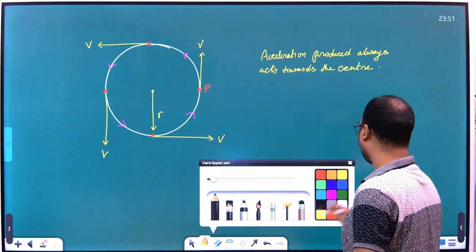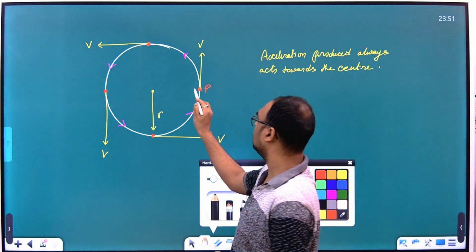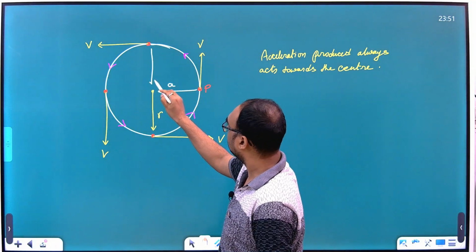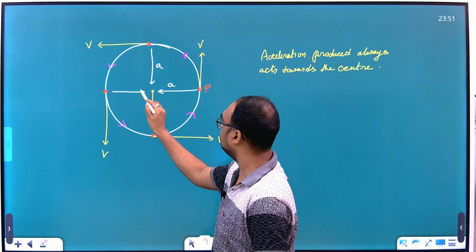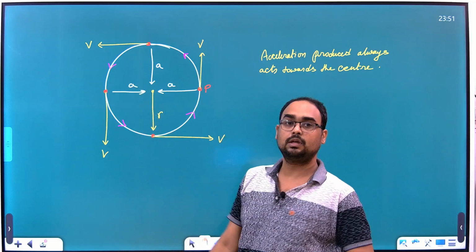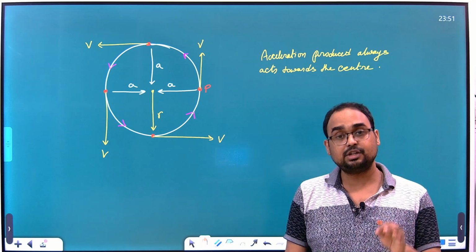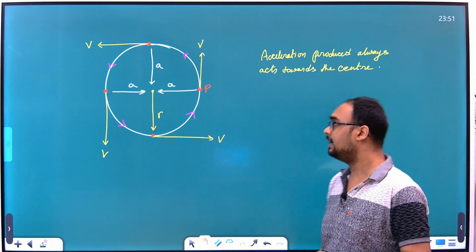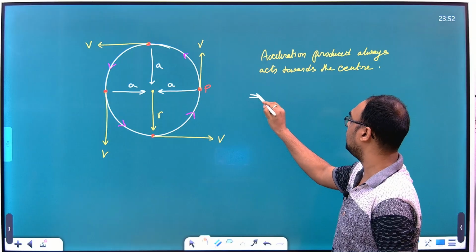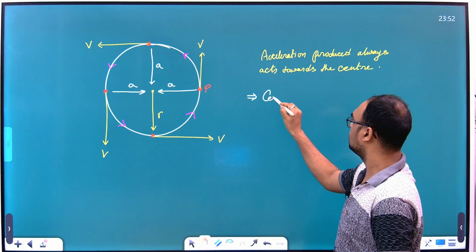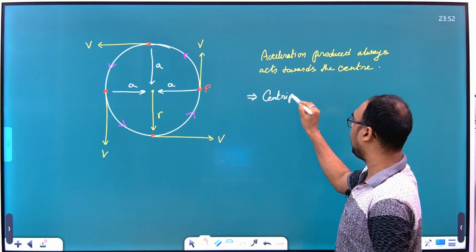So coming to that point, let me write it down. The acceleration acts towards the center. And since the acceleration is acting towards the center, this acceleration has got a special name known as centripetal acceleration.